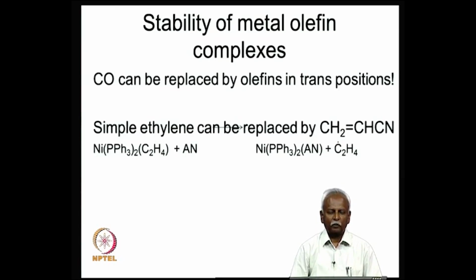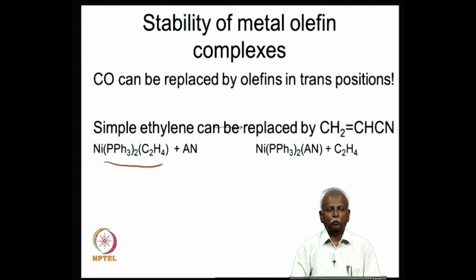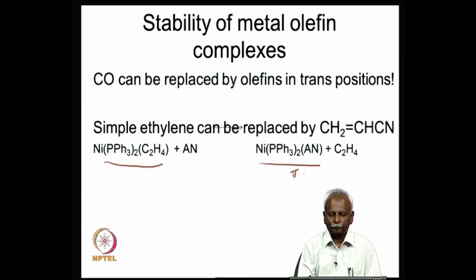Here again we are talking about better pi accepting character of the olefin, but in this instance the pi accepting property of the olefin that is coming in is much better, and so the nickel 0 complex on the reactant side turns out to be less stable than the acrylonitrile complex, purely because on the right side we have better pi accepting property. So, the pi accepting property goes up in this instance, and so you have greater stability.